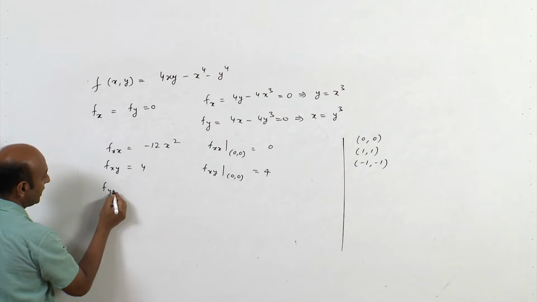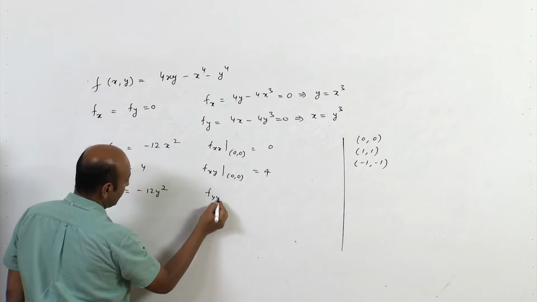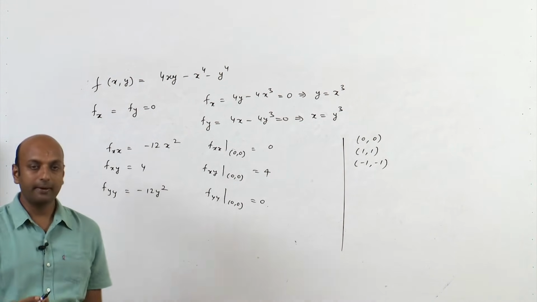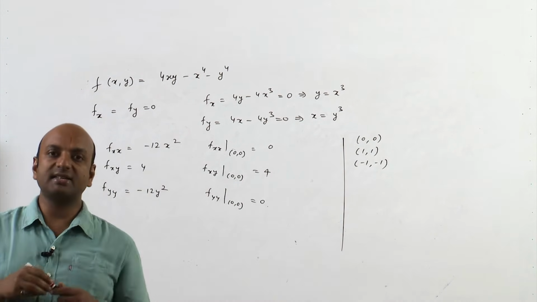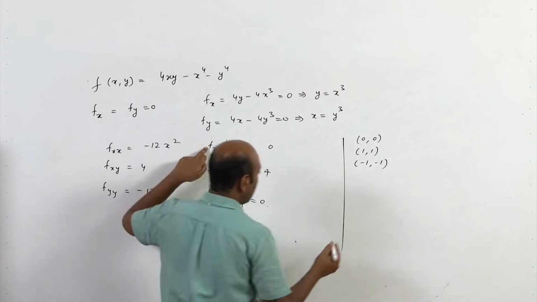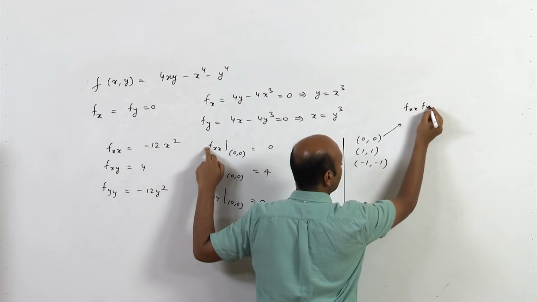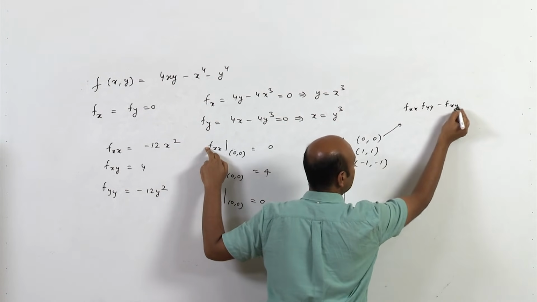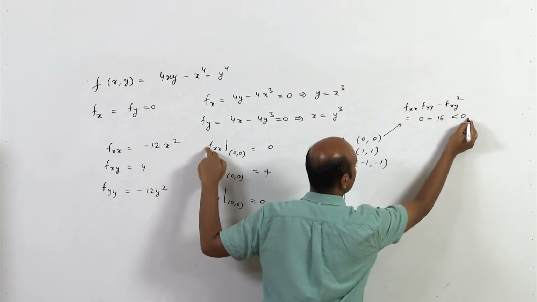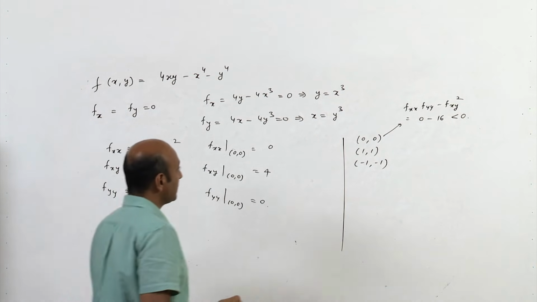Fyy is -12y squared, which at (0, 0) is 0. So fxx into fyy minus fxy squared is 0 minus 16, which is less than 0. This implies this point is a saddle point.